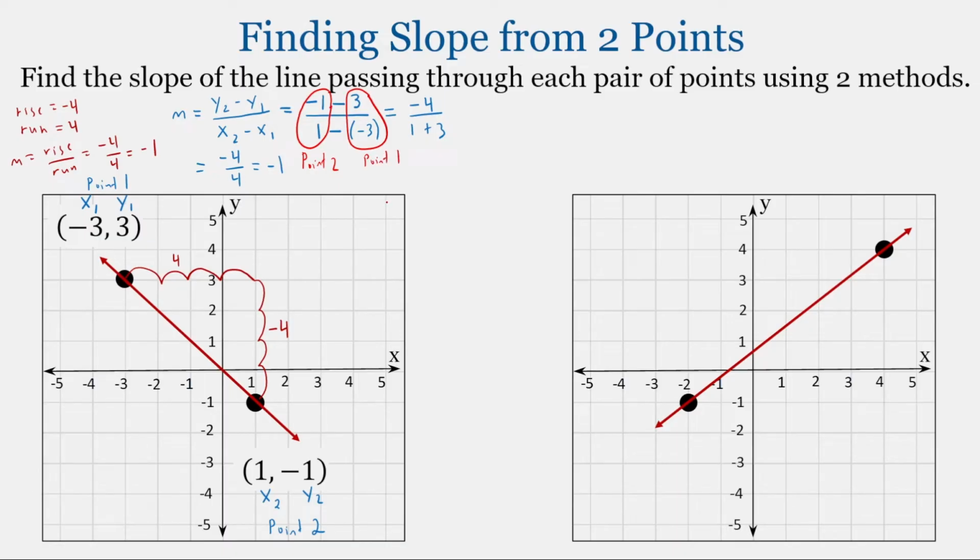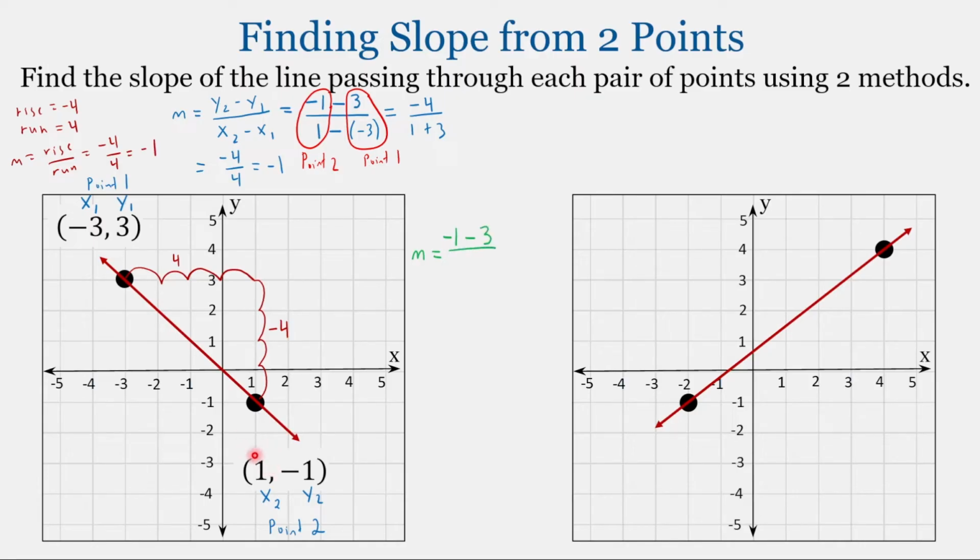A common mistake is to actually flip one of these values. So for example, let's say we're calculating this slope, and we grab that y sub 2 value of negative 1, and then we subtract from it y sub 1, which is 3, all over.